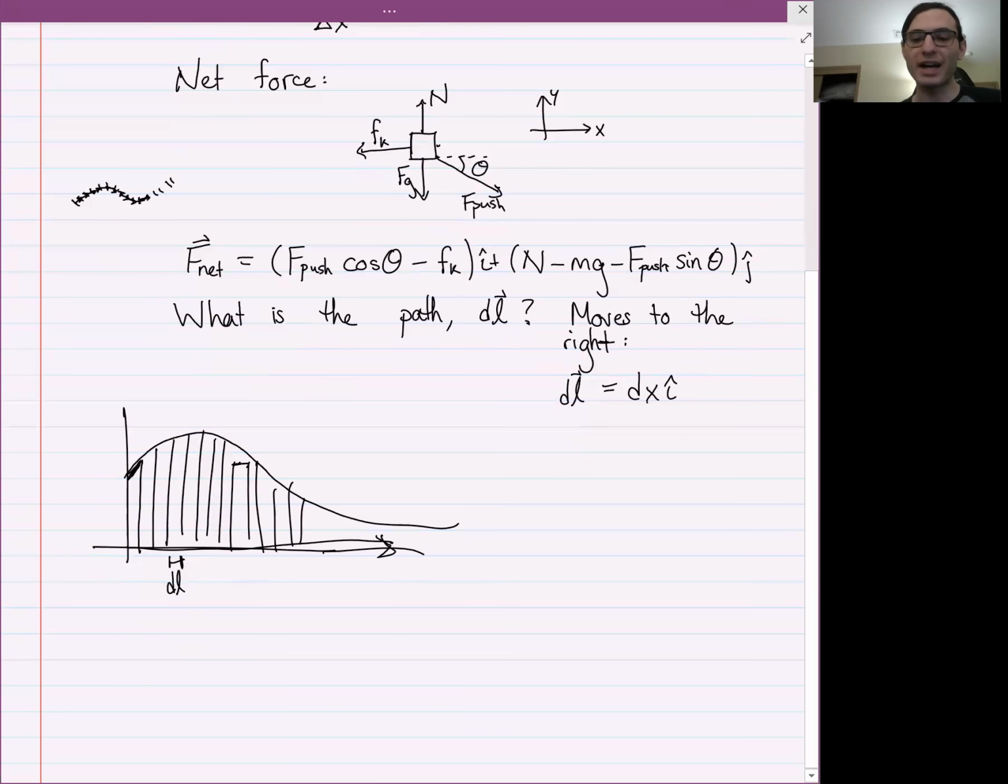Now just imagine we have a three-dimensional path along the ground. Here's point A and here's point B. Imagine that we're trying to integrate F dot dl, where dl points along this path. We're trying to add up the force dotted into the dl along a path.